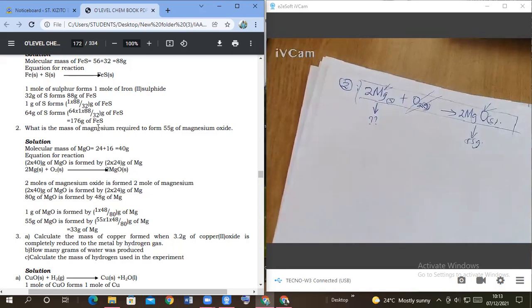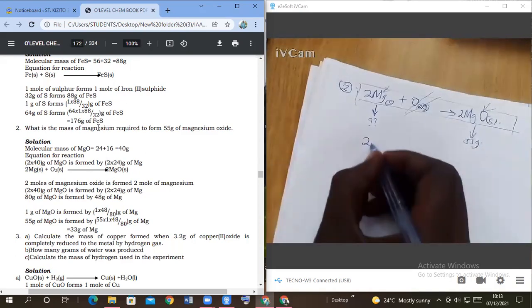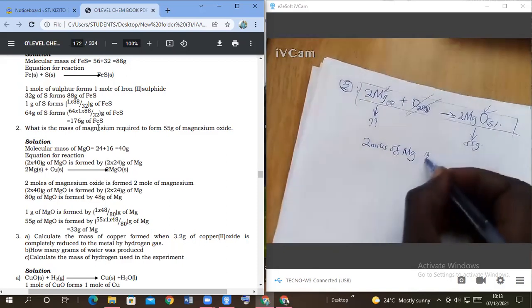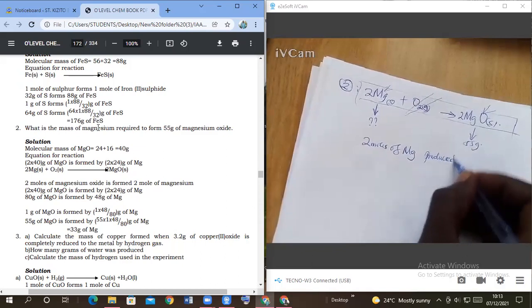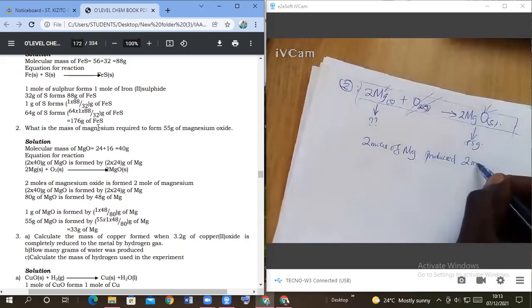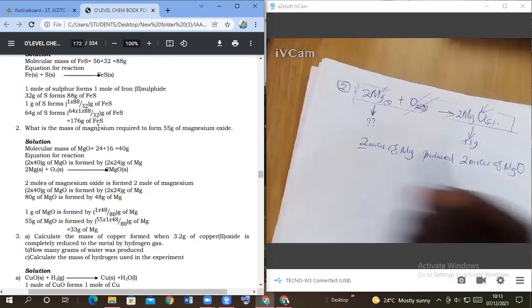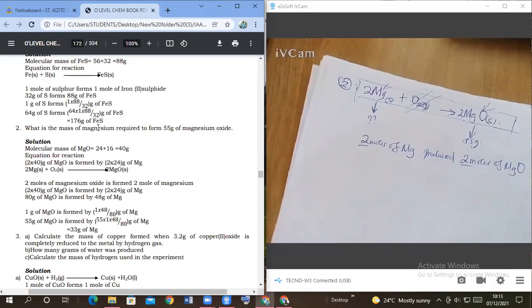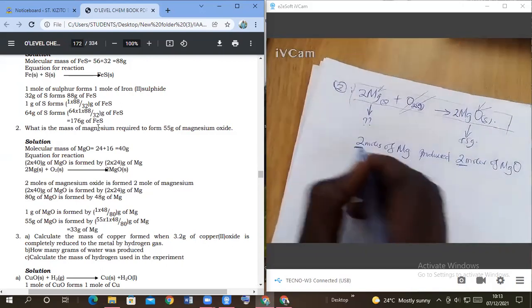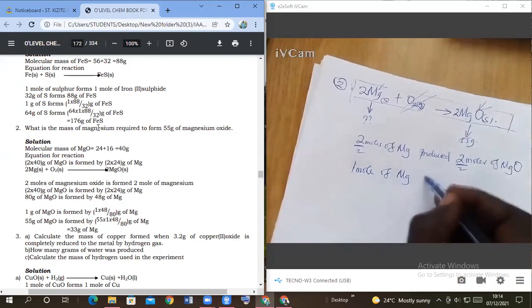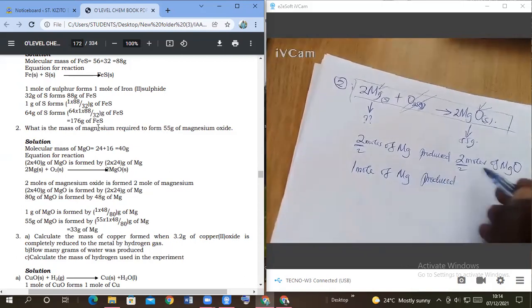Then you copy the moles that concern the equation. You say 2 moles of magnesium produced 2 moles of magnesium oxide. Now, since this is 2 and 2, we can reduce this, isn't it? So divide by 2. 1 mole of magnesium produced 1 mole of magnesium oxide.